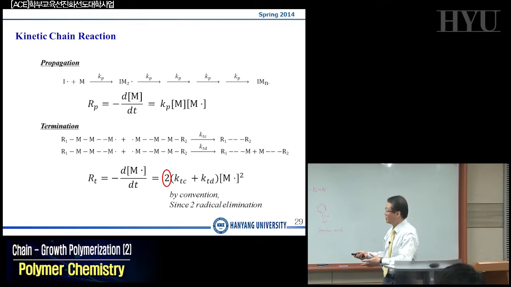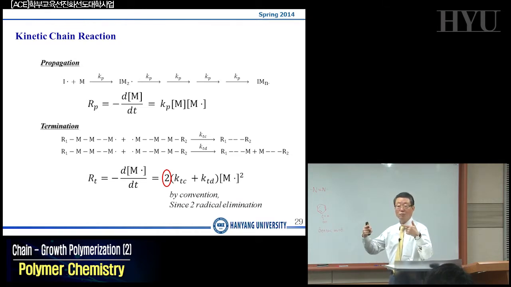And for the termination reaction, the rate of consumption of this M dot is equal to KTC plus KTD times M dot concentration squared, and we put this 2 because two molecules are consumed together, as a convention.